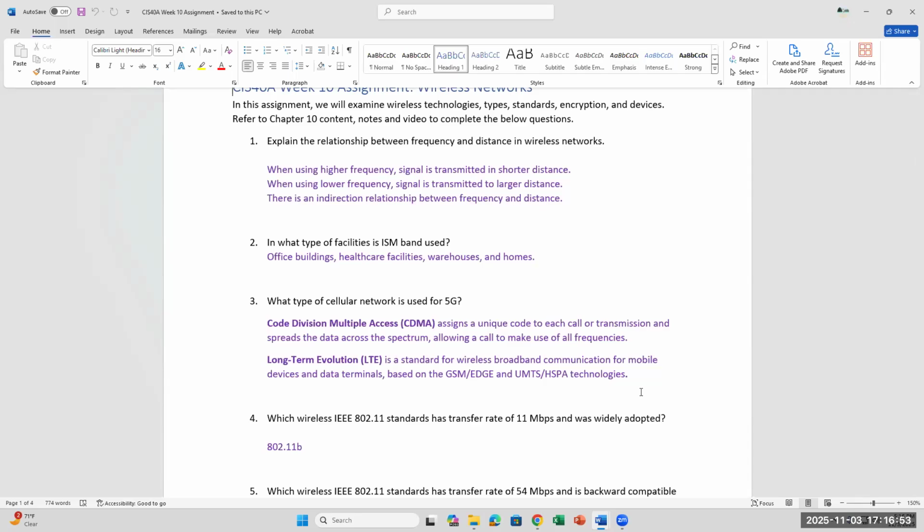You also see this in warehouses, which is what we're surrounded by here, and also homes. So the application for wireless with ISM is really geared toward business and your regular consumer, right?